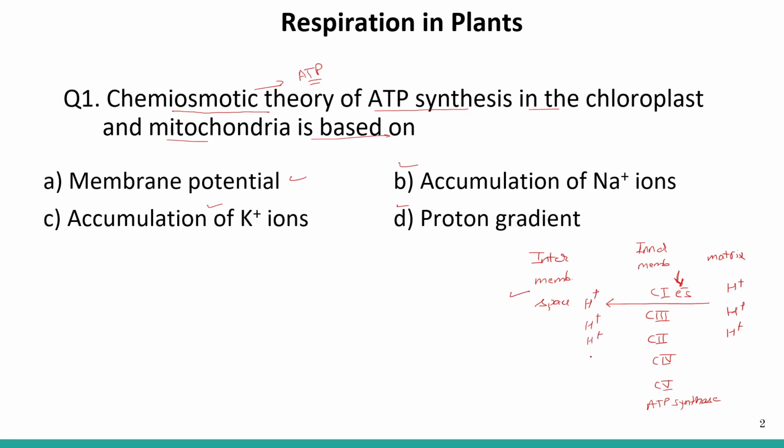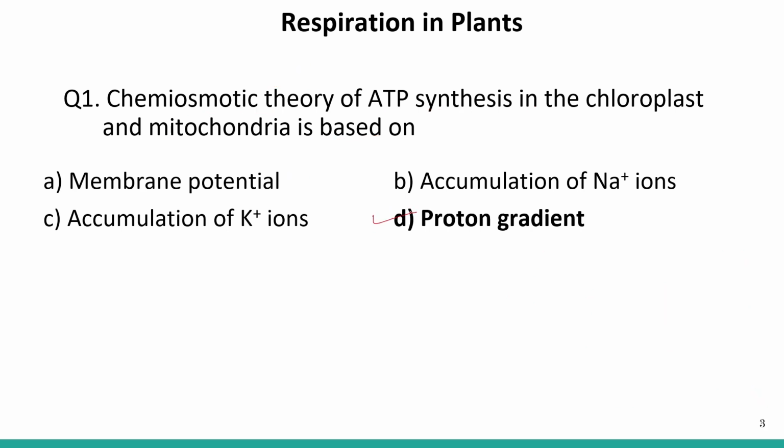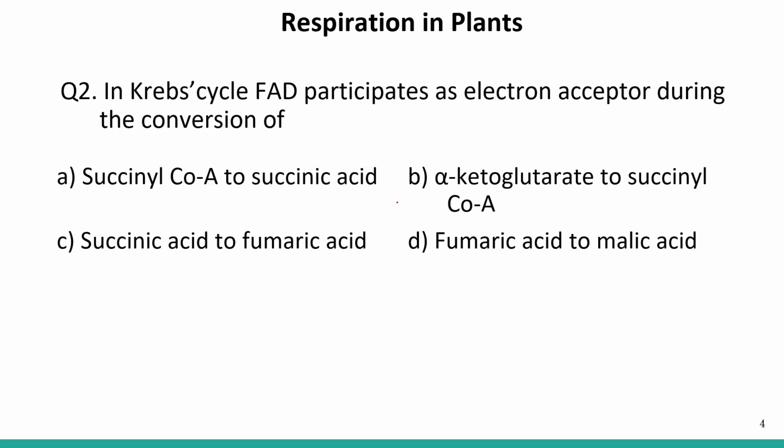And then the breakdown of the proton gradient takes place. This leads to the generation of ATP from ADP and inorganic phosphate. So what should be the correct option? The correct option is option D, proton gradient.